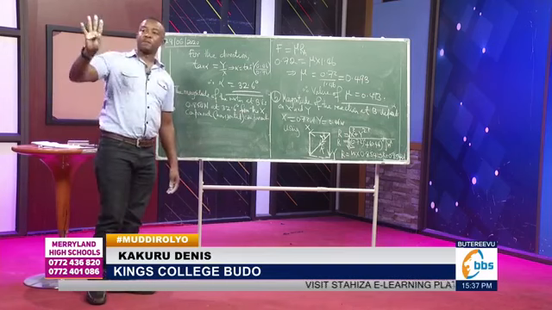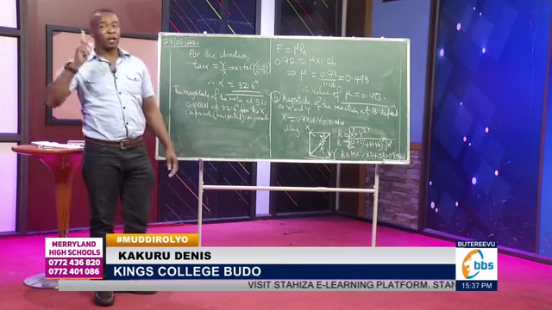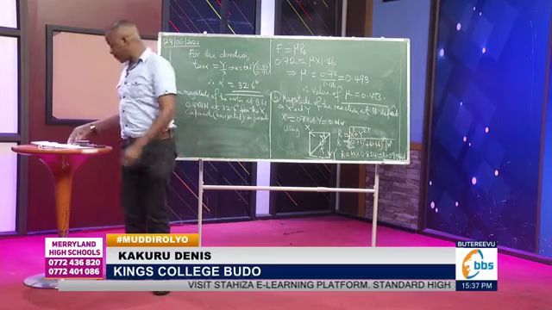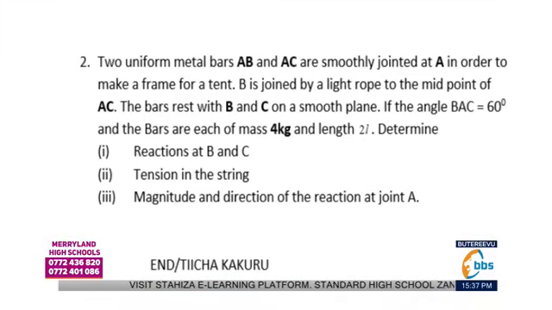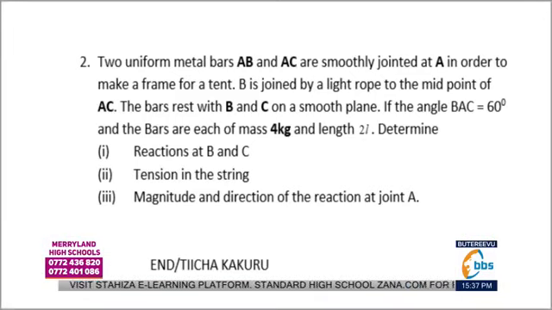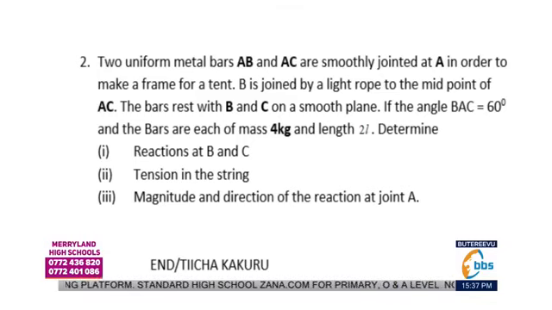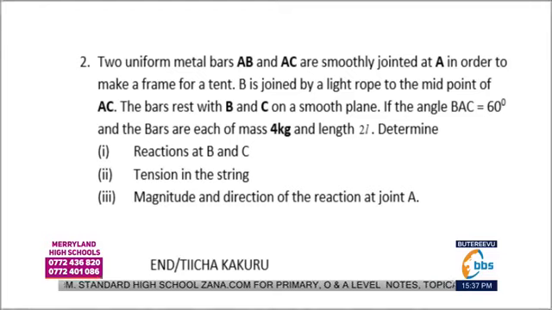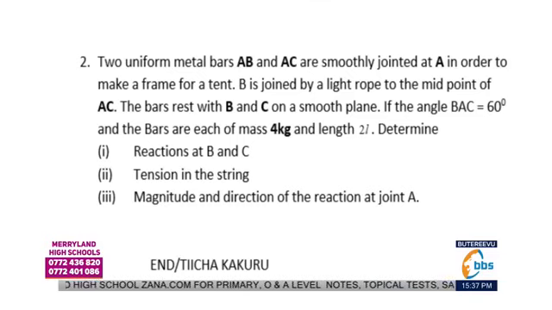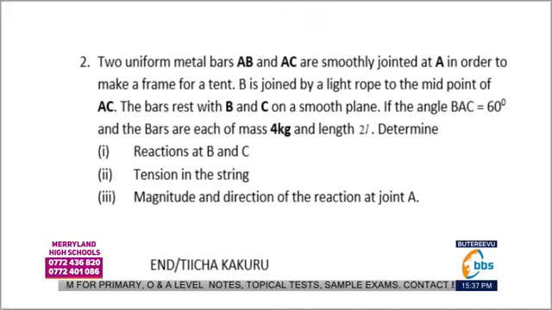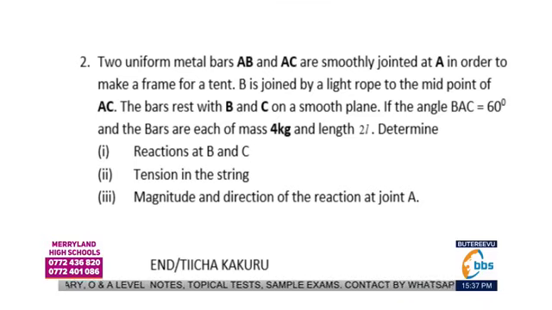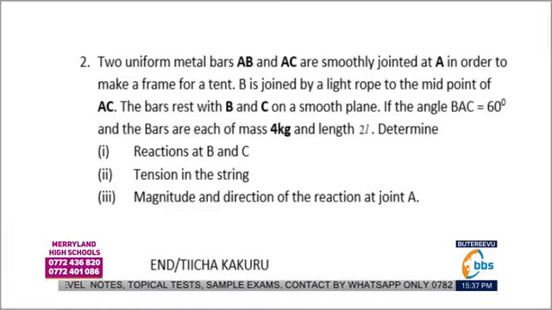Question number 2, I am simply giving you the answers so that you cross-check if you actually got the answers right. For number 2, they wanted you to find the reactions. I'm giving you the answers so that I remove the doubt from you thinking that you did not get the answers right.